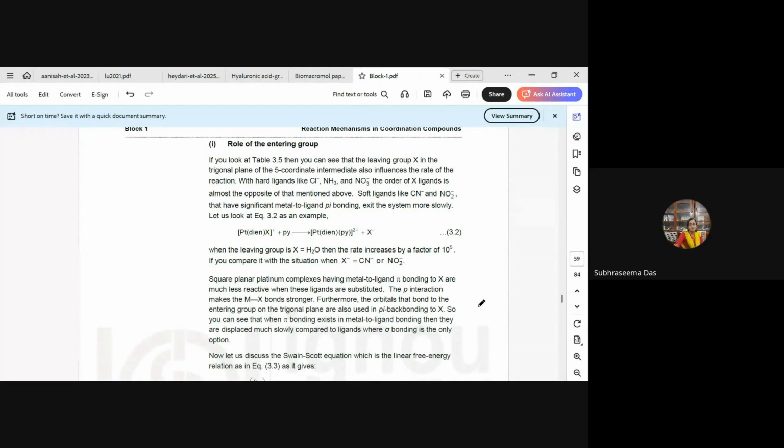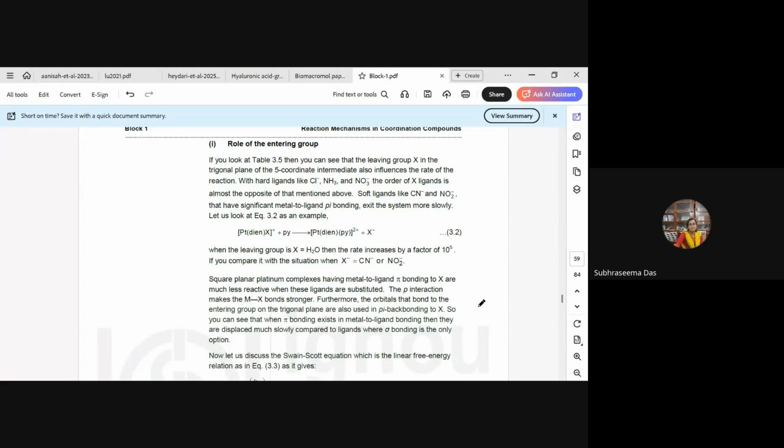So we can see that the leaving group in the trigonal plane of the 5-coordinate intermediate influences the rate of the reaction. When we have hard ligands like Cl minus, ammonia, NO3 minus, then the order of X ligands is almost the opposite to that mentioned above.